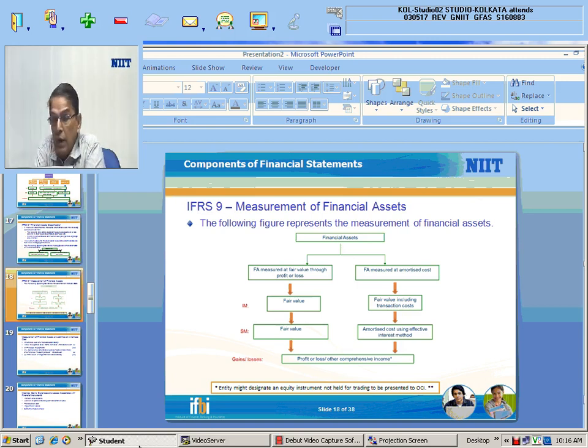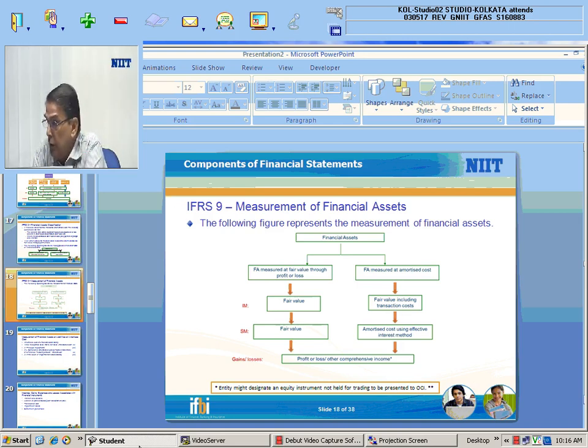For financial assets measured at fair value through profit or loss, the initial recognition will be at fair value. Subsequent measurement also will be at fair value. Gains or losses due to revaluation or subsequent measurement will be transferred to the profit and loss or other comprehensive income.